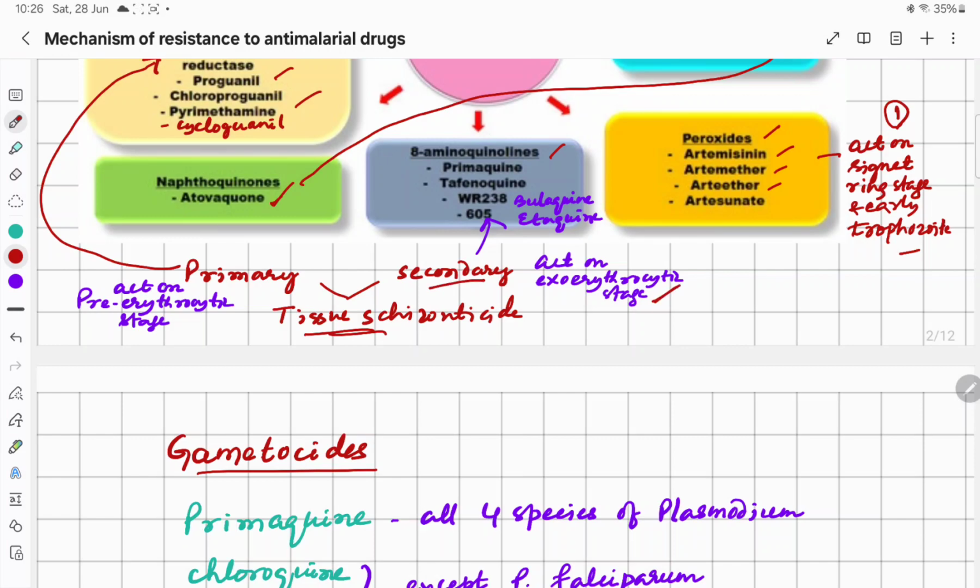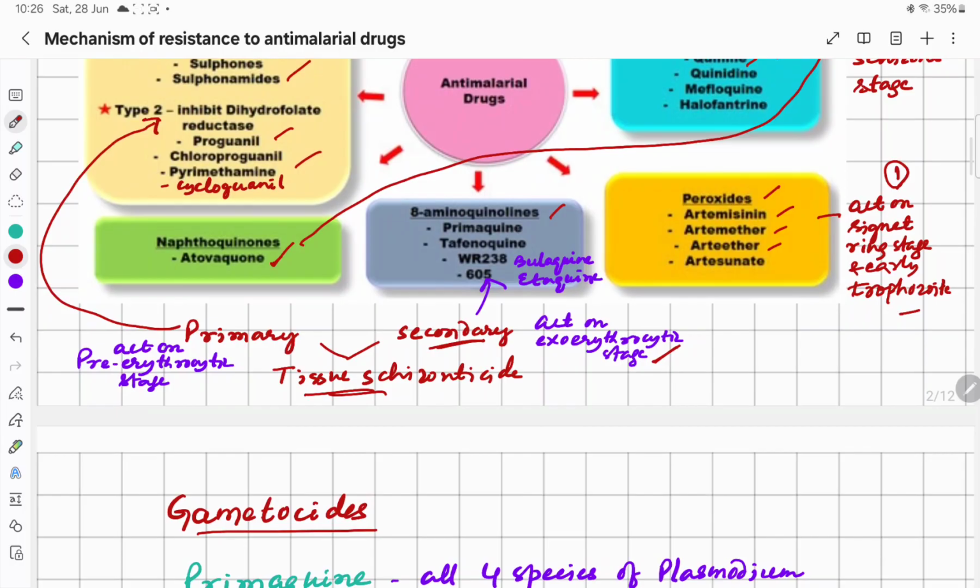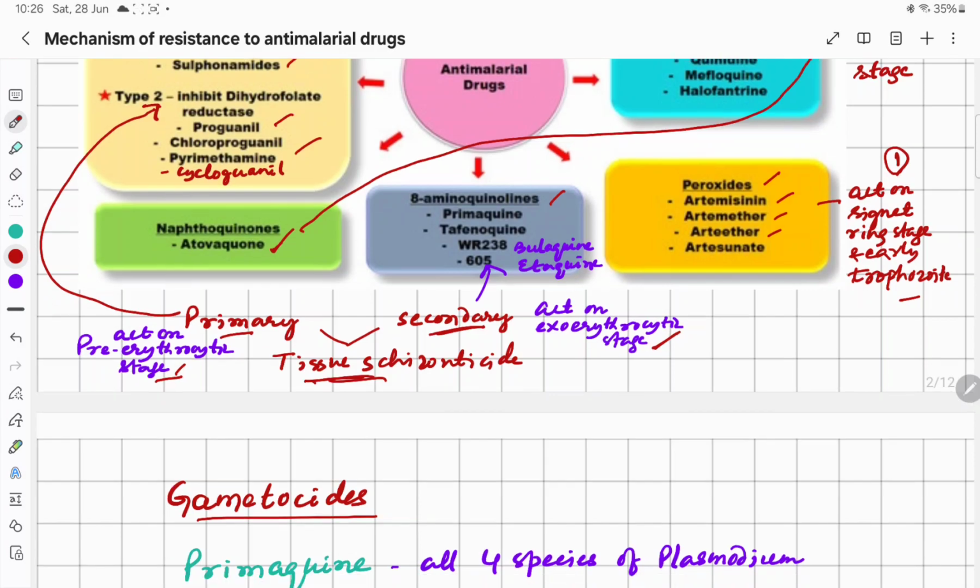So they are called as secondary tissue schizonticides, and those which act on the primary pre-erythrocytic stage, they are called the primary tissue schizonticides. They include the dihydrofolate reductase inhibitors like proguanil, pyrimethamine. So tissue schizonticides can be either primary or secondary. Primary act on the pre-erythrocytic stage merozoites, and secondary act on the exoerythrocytic stage, the hypnozoites.